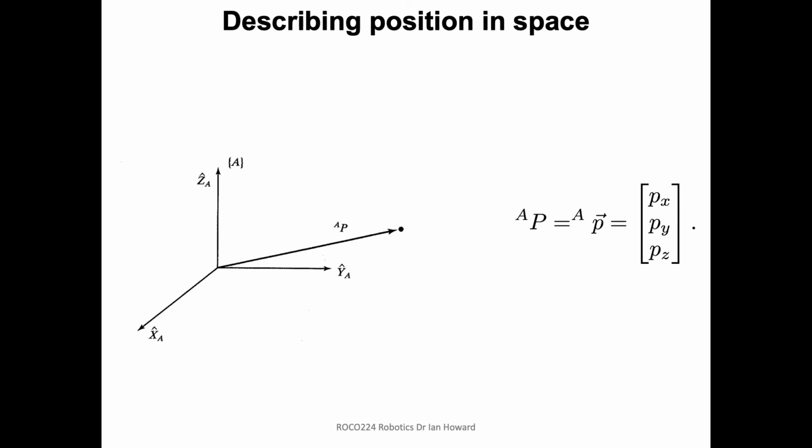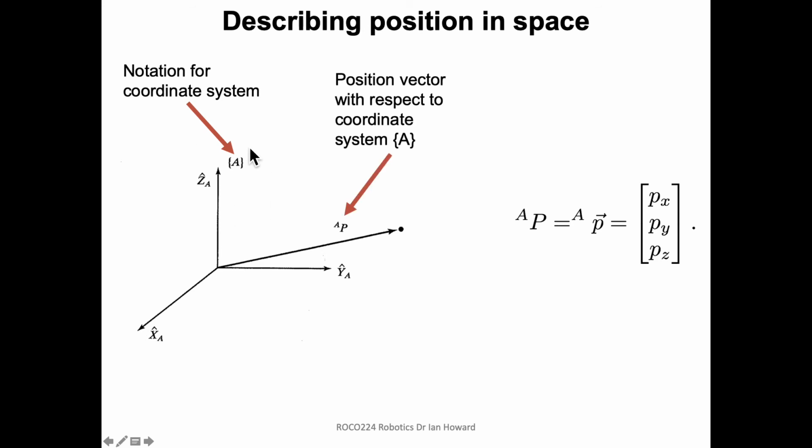When we're describing positions in space, we have to do so, like I said, with respect to a coordinate frame, and we can describe a coordinate frame by a label like A. This is frame A, and we describe it within curly brackets. We can then describe a position in space as a vector. In this case, P is a point, and we're describing it with respect to frame A, so we use the suffix A on it, with a little a at the top.